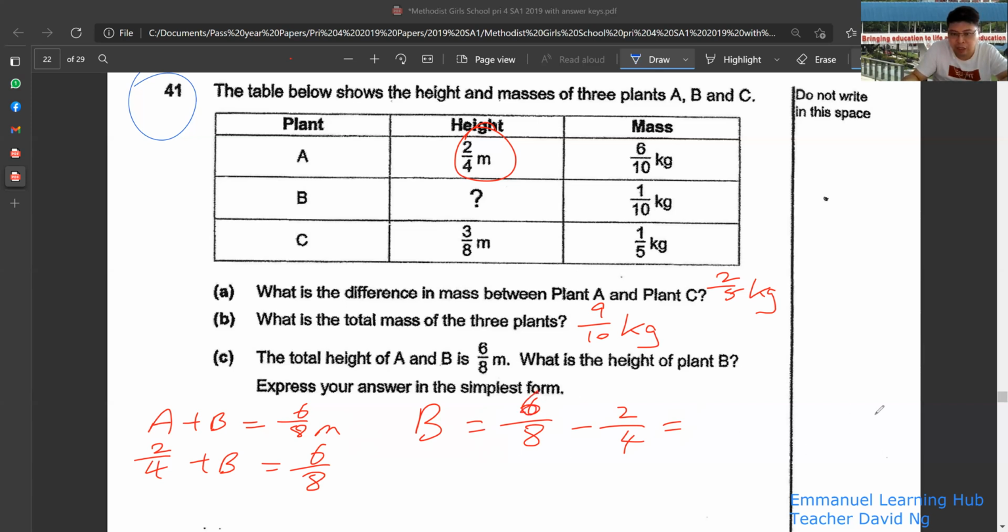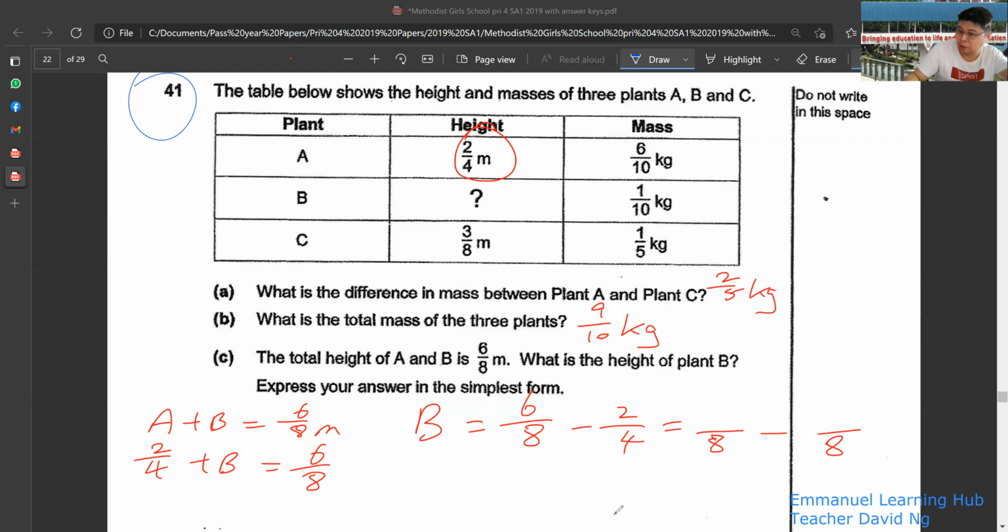Change to the same denominator. The same denominator is the LCM. What is the LCM of 8 and 4? LCM of 8 and 4 is 8. You know why?